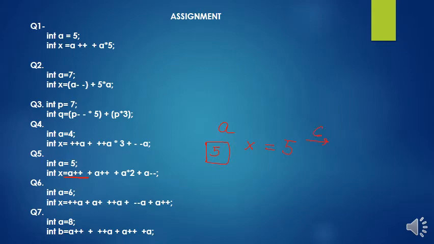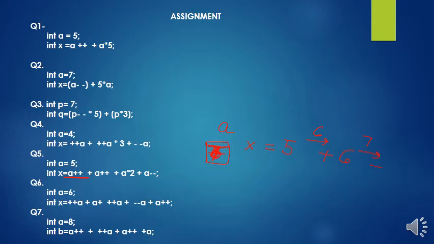After that a will store the value 6 inside the memory. Then plus a++. At present the value of a is equal to 6. Use, then change. After that a will store the value 7 inside the memory.